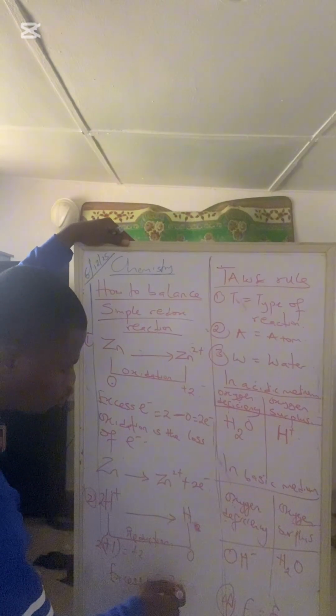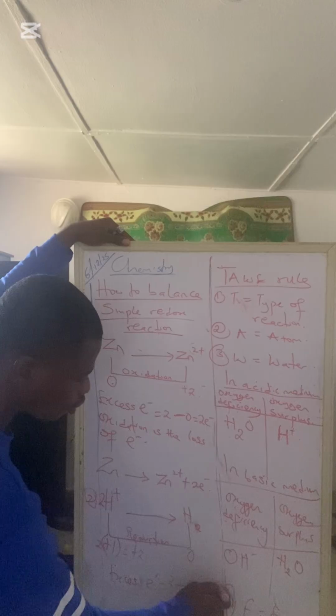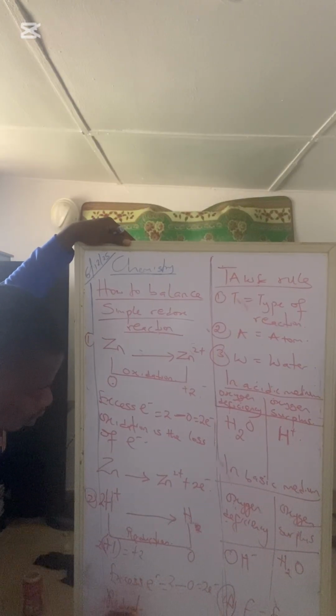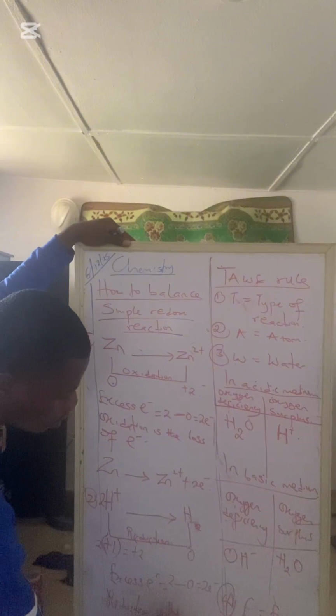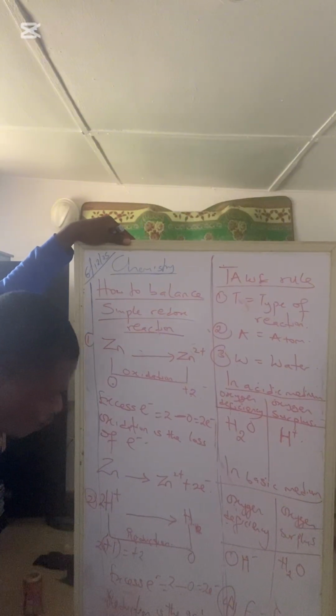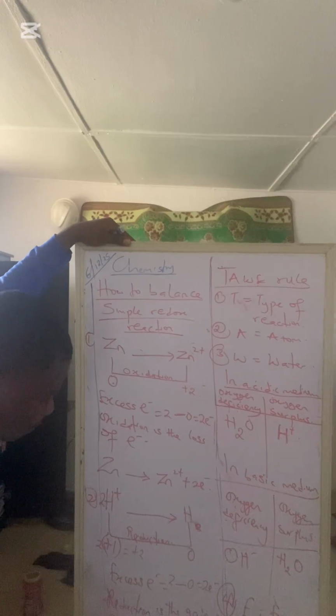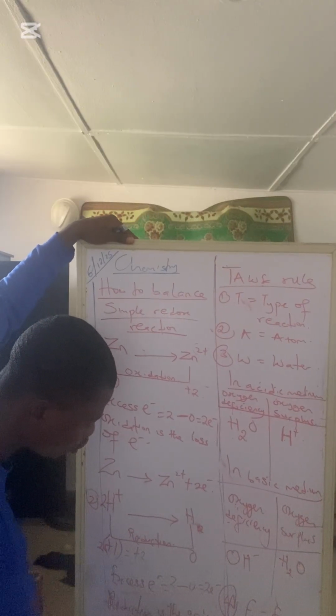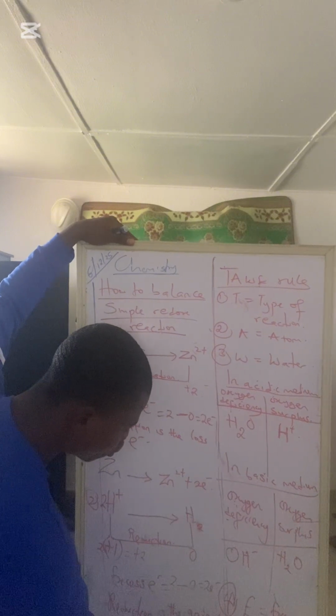So you have 2 minus 0, that is 2 electrons. And we know reduction is the gain of electrons, so we add it on the closer side. So 2H plus 2 electrons liberates to H2, balanced.